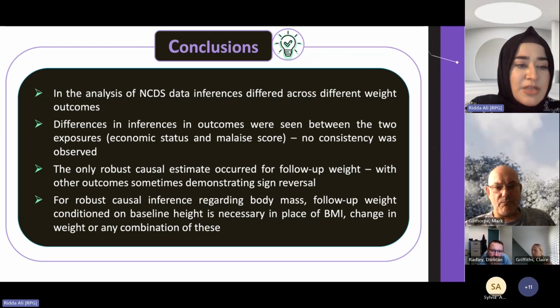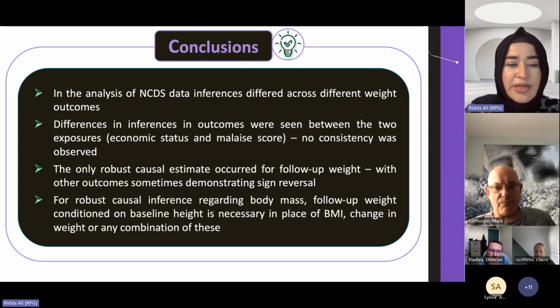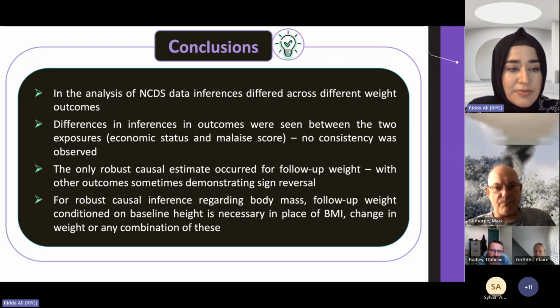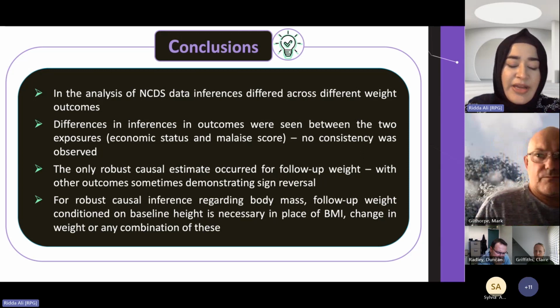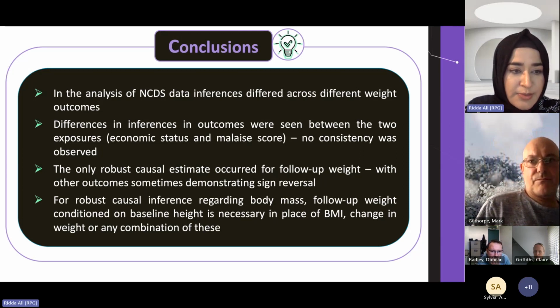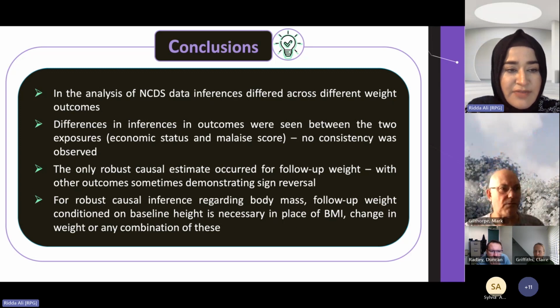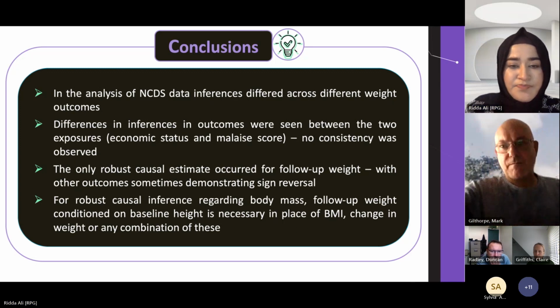The only robust causal estimate occurred for follow-up weight, with other outcomes occasionally even showing sign reversal. Instead of BMI, change in weight or any combination of these outcomes, follow-up weight conditional on baseline height is required for robust causal inference regarding body mass.